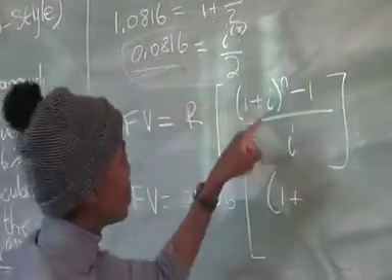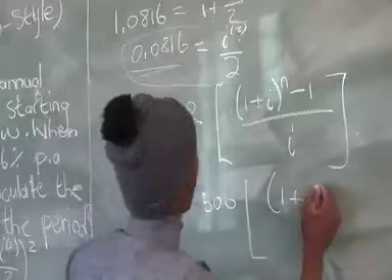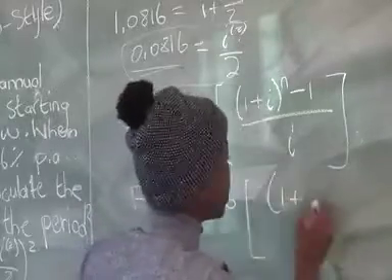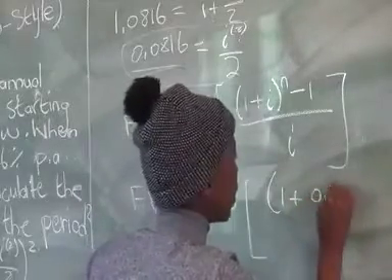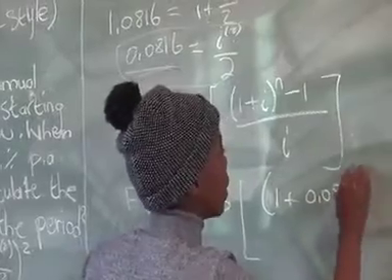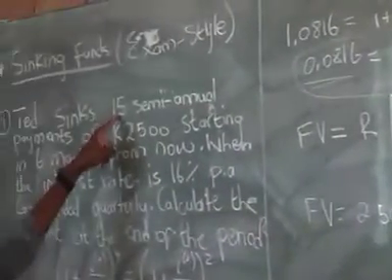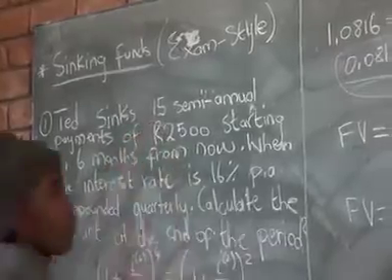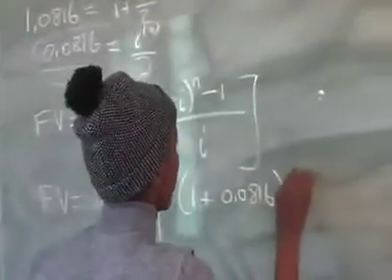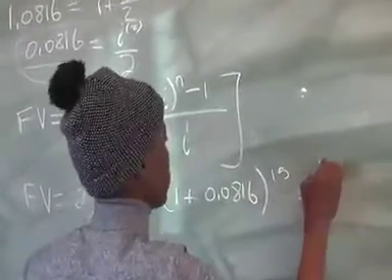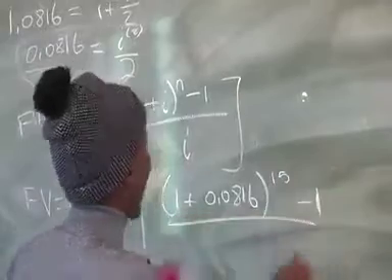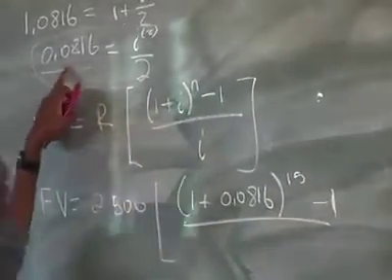Then we substitute it here for i. So it's 1 plus 0.0816, close the bracket. Then remember, they told us how many payments? 15 payments. So we plug this 15 right here, minus 1, then all over i.